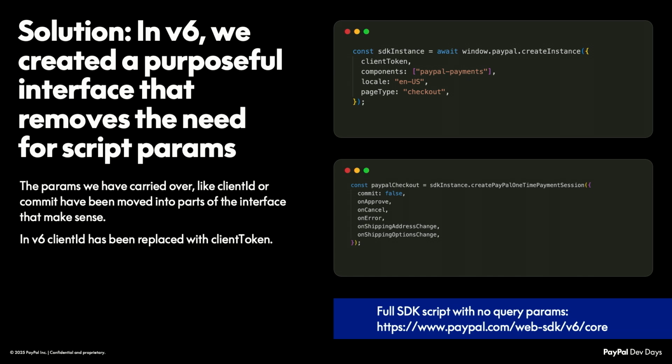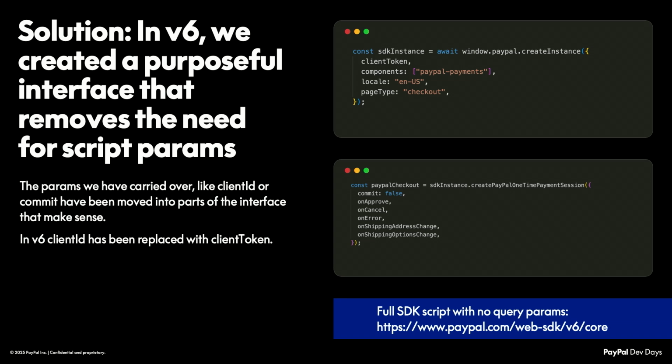You see this method down here in the bottom screenshot, create PayPal one-time payment session. It's a fairly lengthy method name, but it's really descriptive. You know exactly what's happening. This is a PayPal button, and it's a one-time payment checkout session. So now you have your callbacks.